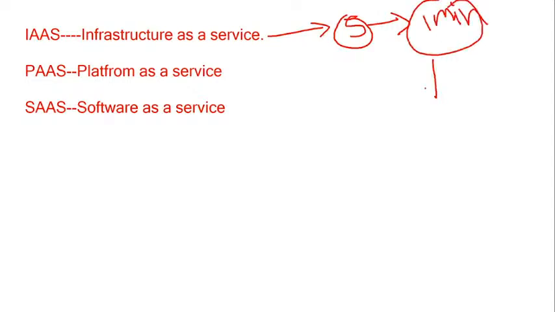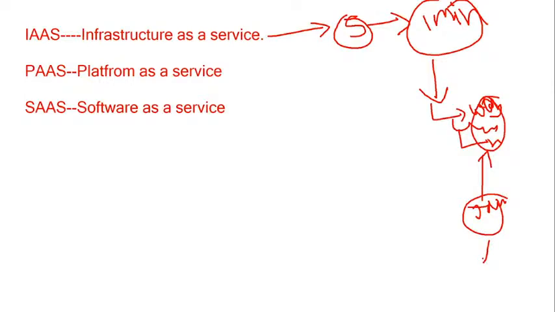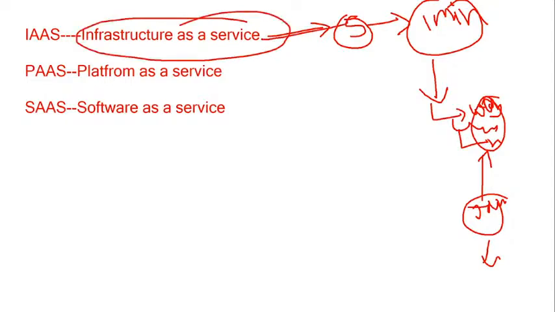Then on top of it, to host the Java application, you have to install web servers like WebLogic, WebSphere, JBoss, or Apache Tomcat, and host your Java application on top. That should be managed by yourself. The cloud vendor just provides the virtual machines. The remaining management you take care of, because the application is yours, so management is yours. That is Infrastructure as a Service.